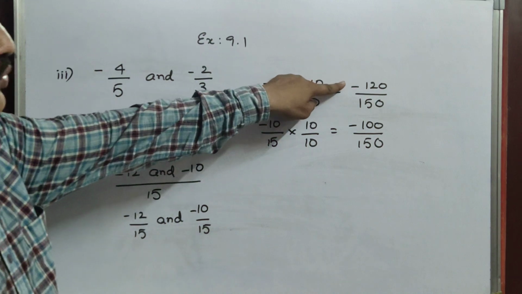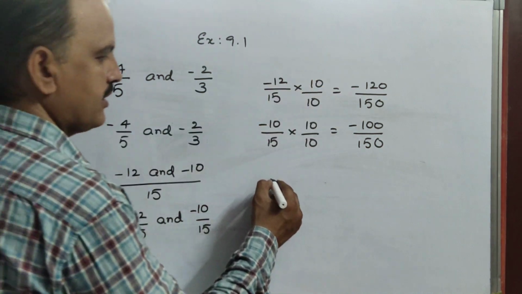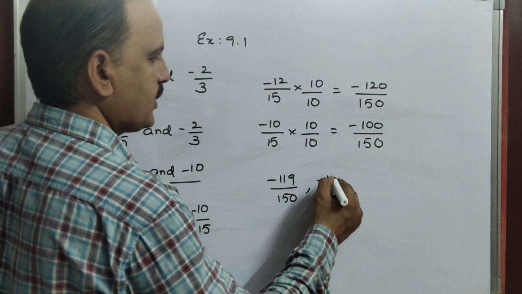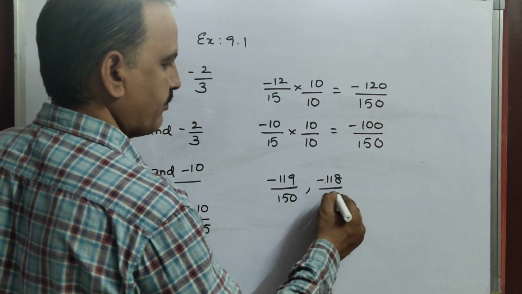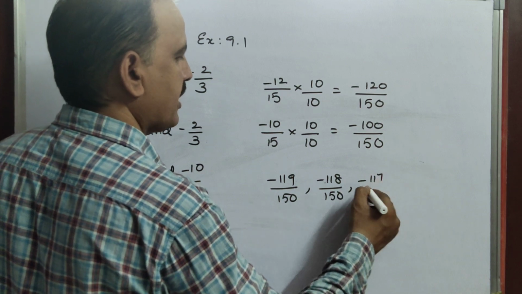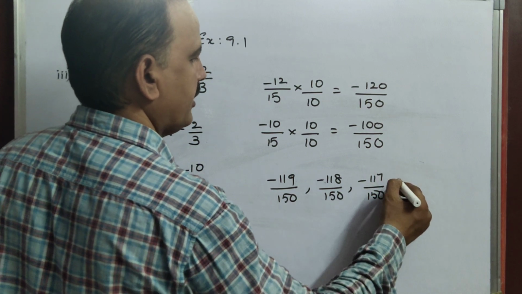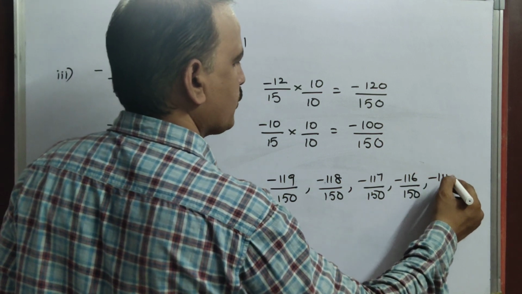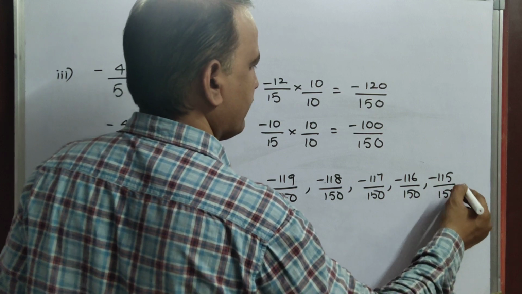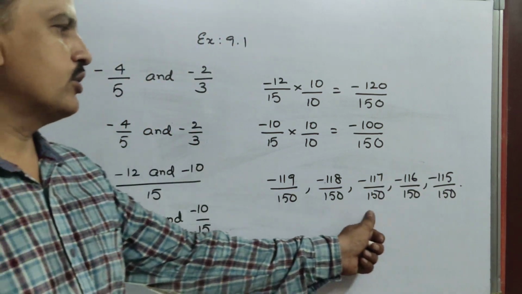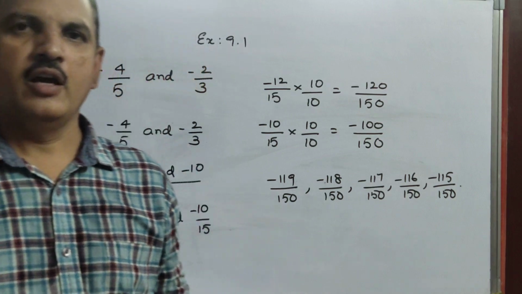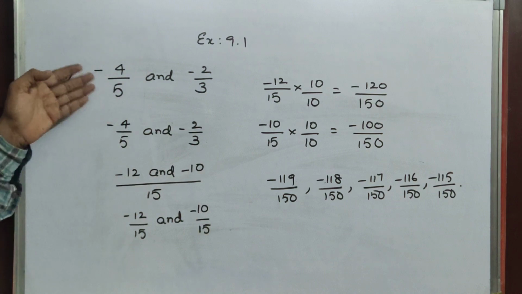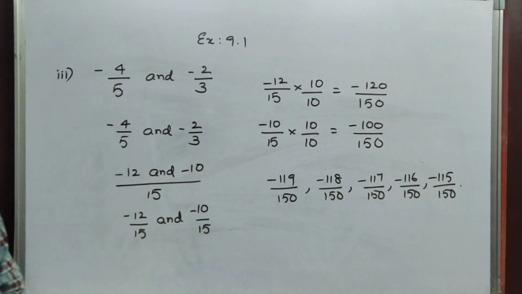Now in between minus 120 and minus 100: minus 119 by 150, minus 118 by 150, minus 117 by 150, minus 116 by 150, minus 115 by 150. So 1, 2, 3, 4, 5. Is it okay? These are the 5 rational numbers in between minus 4 by 5 and minus 2 by 3.